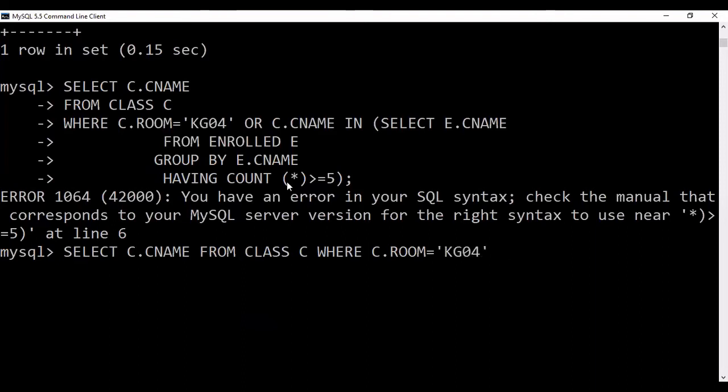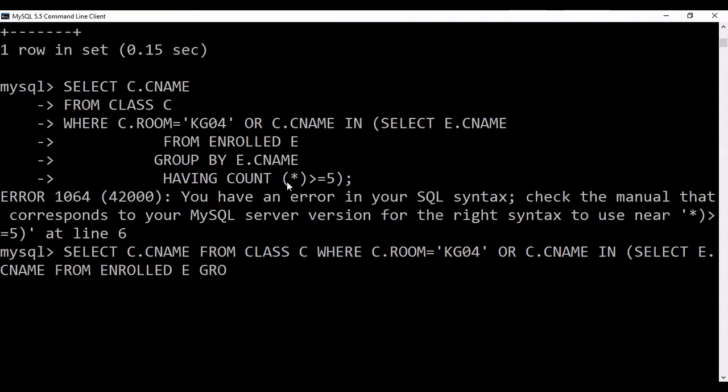And the second condition is an or: as you can see in the question, C.CNAME must be in the result of the first inner query. There we select E.CNAME, where E is the alias name of enrolled, from enrolled, because enrolled contains CNAME and student number.